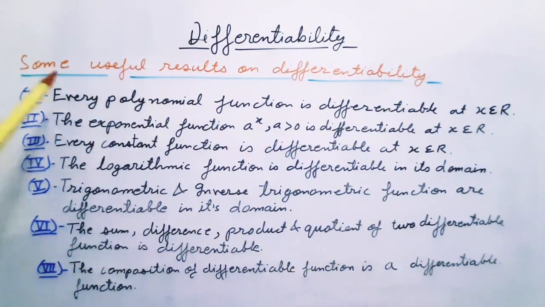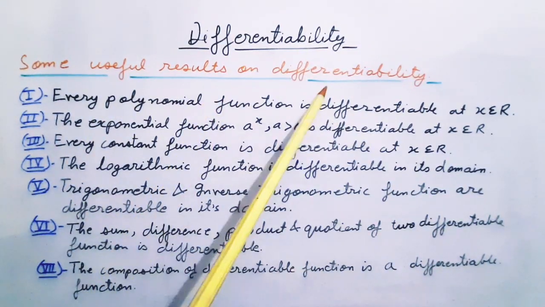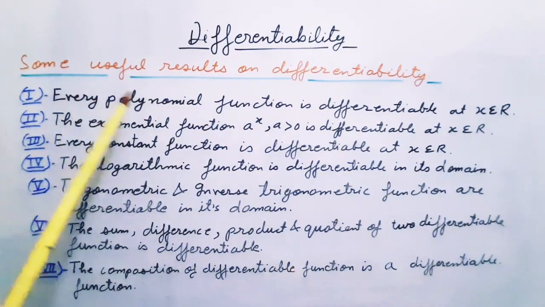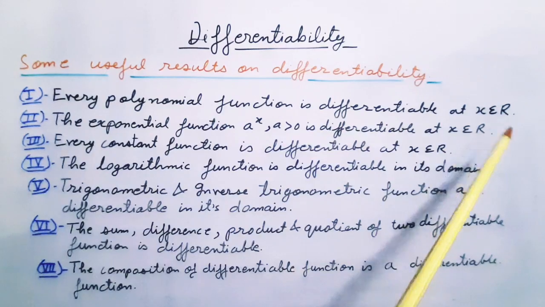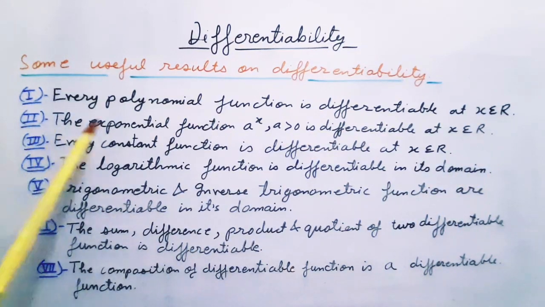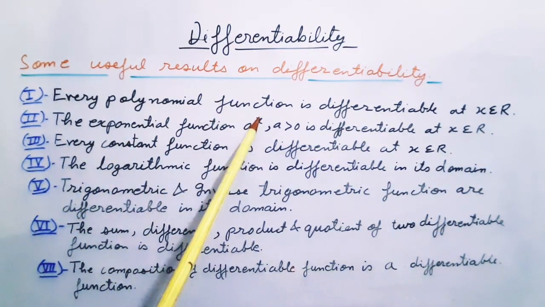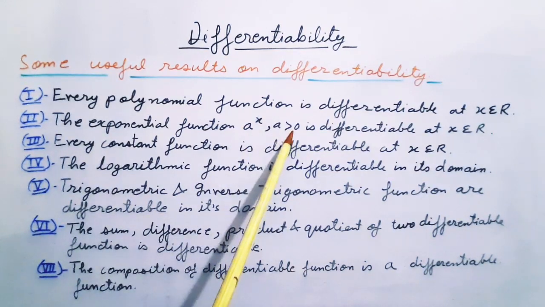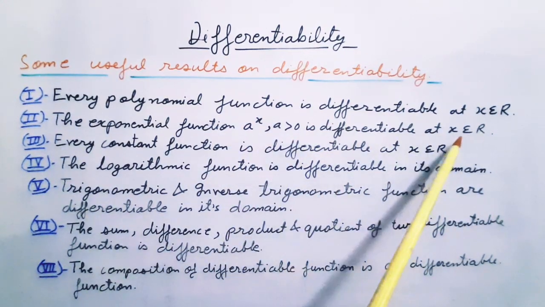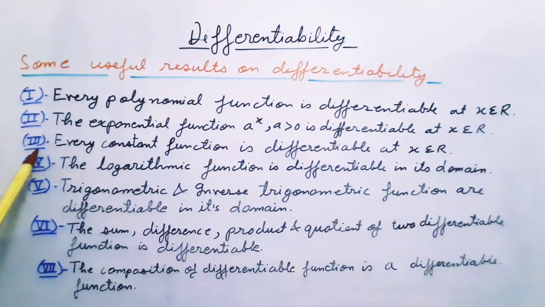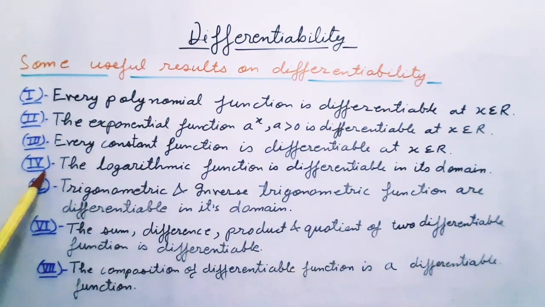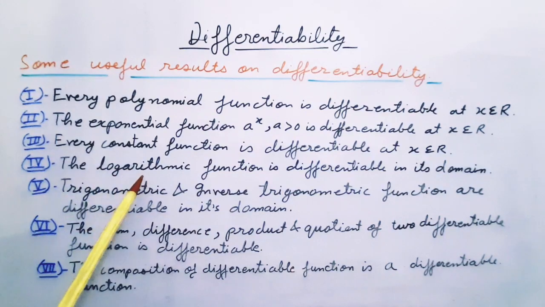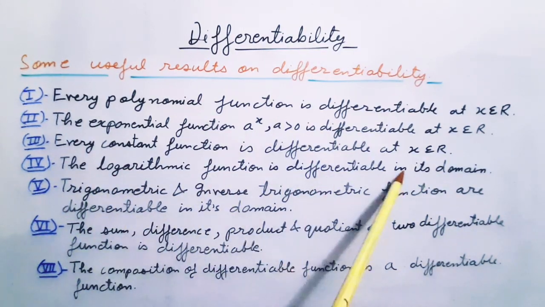Now let us discuss some useful results on differentiability. So the first one is every polynomial function is differentiable at x belongs to R. Second one is the exponential function a raised to power x, a greater than 0, is differentiable at x belongs to R. Third point is every constant function is differentiable at x belongs to R. Fourth, the logarithmic function is differentiable in its domain.